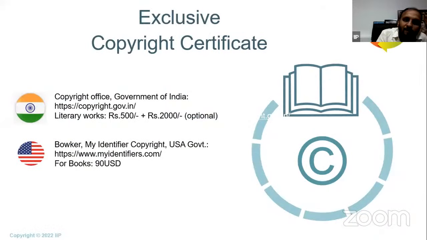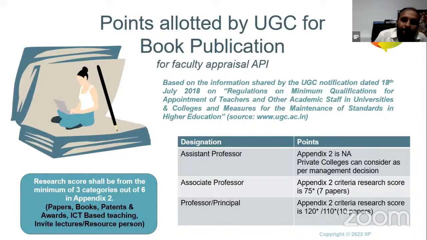So now, while preparing the content, we have got information about plagiarism, the process involved in publication, the structure of a book, and the copyright conditions we need to follow. Now we should know what points are allotted by the UGC for book publication.